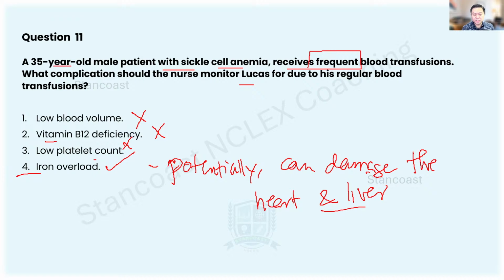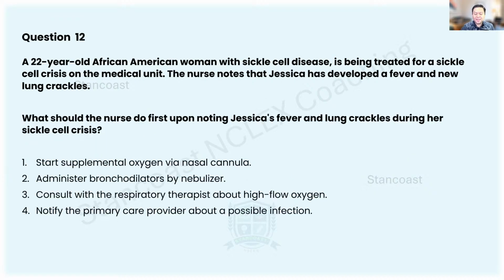Very easy question. Number 12. A 22-year-old African-American woman with sickle cell disease is being treated for a sickle cell crisis on the medical unit. The nurse notes that Jessica, who is the patient, has developed a fever and new lung crackles. I forgot to remove the name.